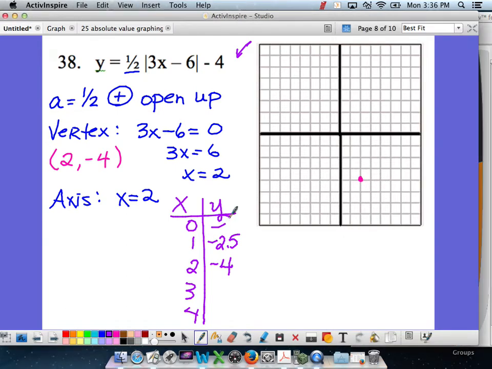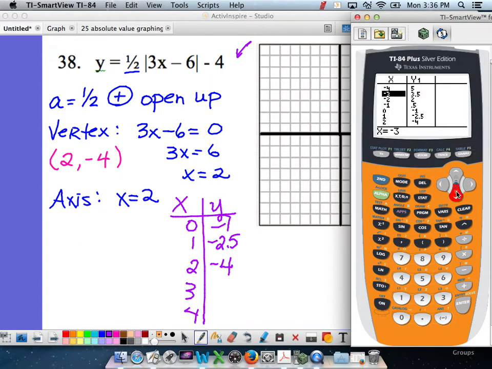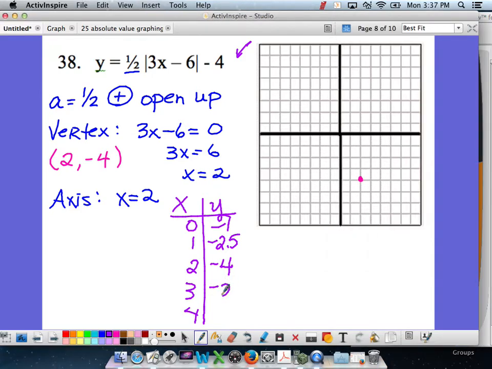So I go back to my graph and say, okay, that's -1. Then I might have to arrow down a little bit to find the values at 3 and 4. At 3, it's -2.5. At 4, it's -1. And that should be the case because an absolute value is symmetric.